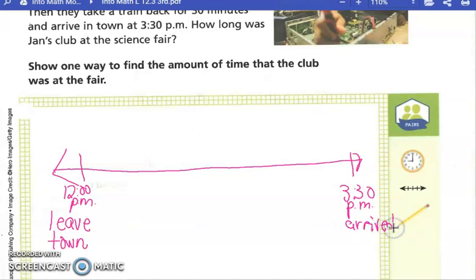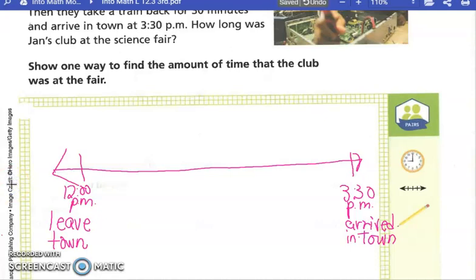Arrived. Okay, that's when they arrived in town.